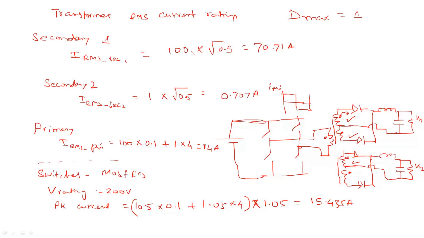So that will be the peak current rating for all the 4 switches, and the voltage rating is 200 volts again for all the switches, and again clearly mention that it satisfies the 300 volts limit. Remember that one of the requirements was that the MOSFET should not have a rating of more than 300 volts.